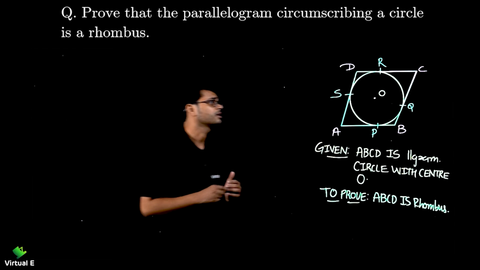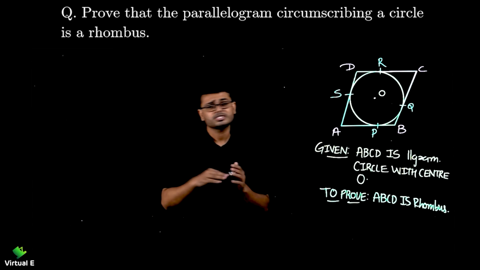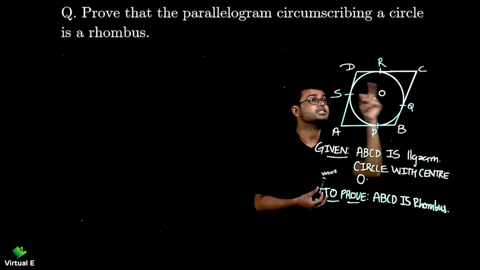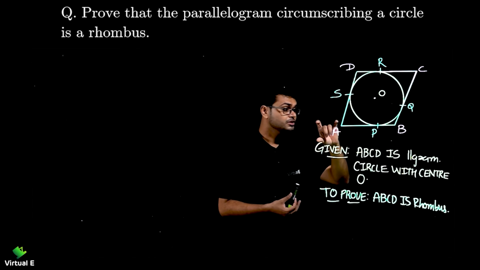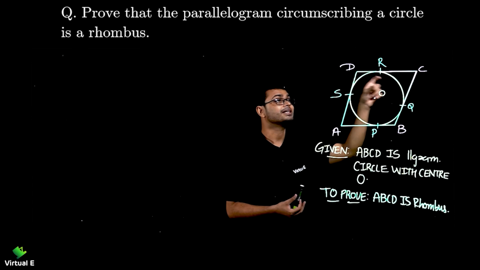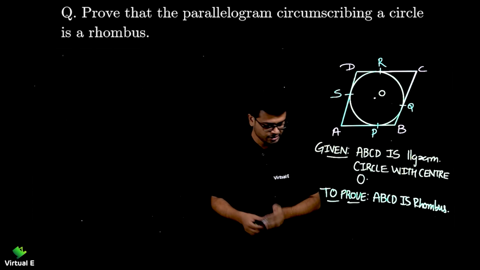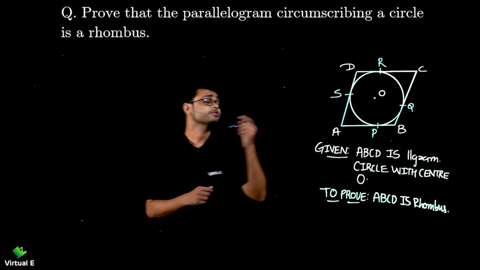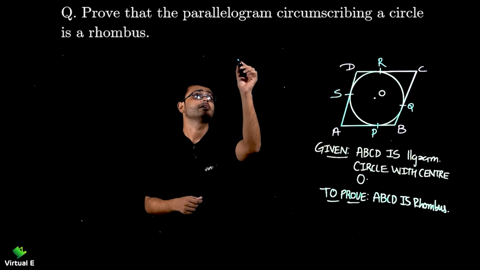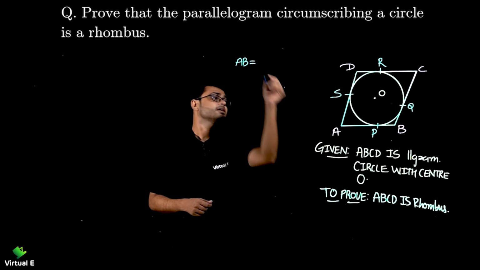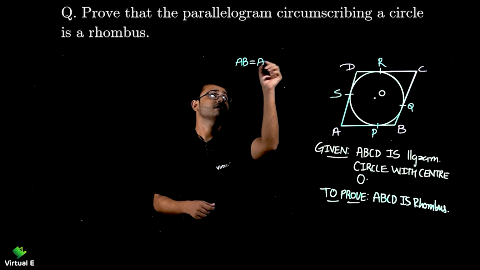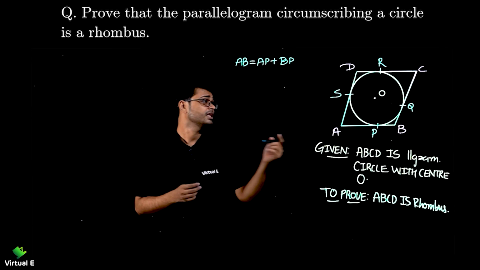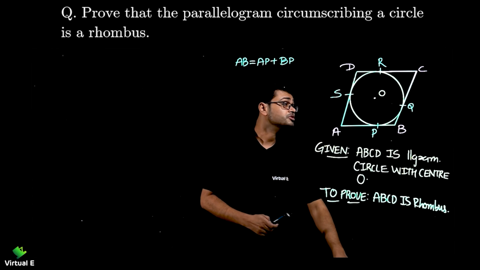So how shall we start? You can think of this question as the previous one only, right? We are going to take 4 external points A, B, C, D, right? We are going to write a statement for AB, then BC, then DC, then AD, right? So we are going to repeat the same steps. Let's start. First of all, let's write for AB. So AB can be written as AP plus BP. Done? Then let's write another one, which is BC.